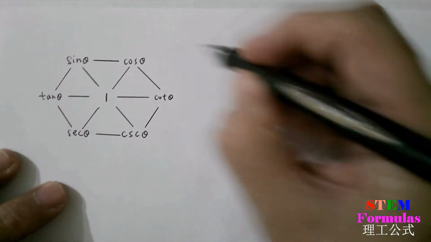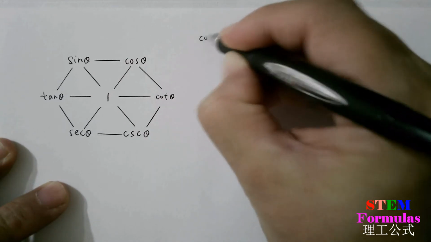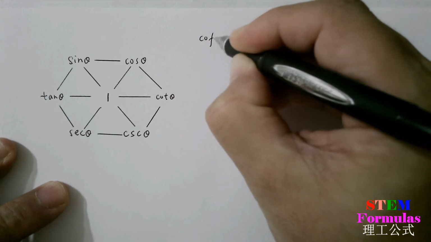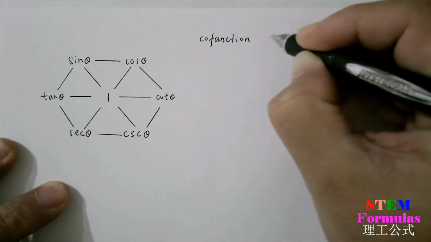From this diagram, I have the following properties. The first property is co-function formulas.